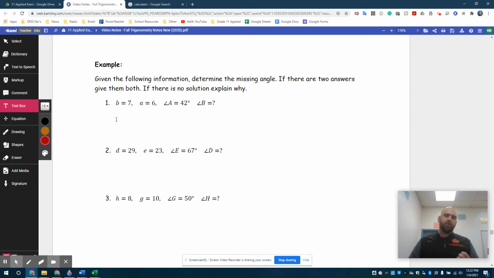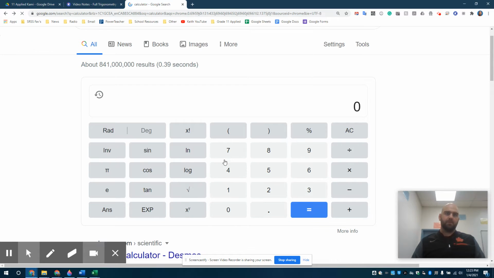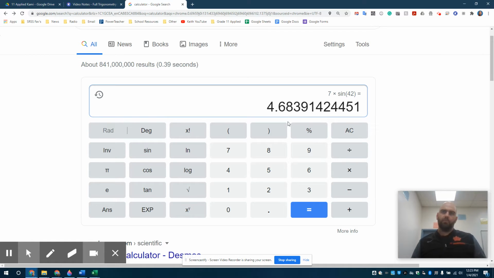This side here has to be longer than, and I'm just going to quickly plug it in, b times sine of A. So a has to be greater than b times sine of A, and b times sine of A is 7 times sine of 42 degrees, which is equal to, and I'm going to pull out the calculator here, put in degrees, seven times sine 42, so it has to be longer than 4.68.